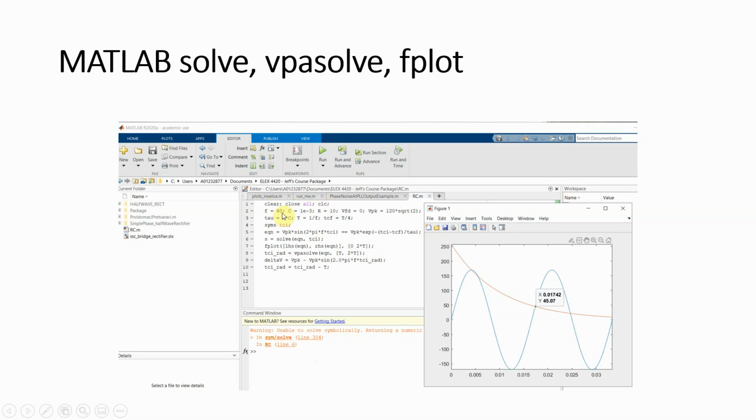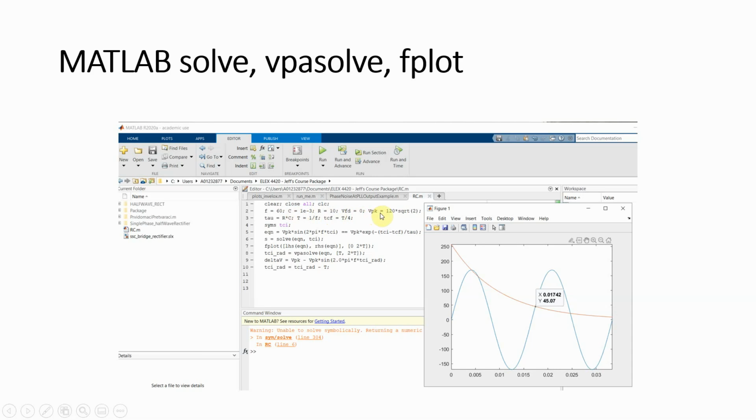These are the parameters. I assume that F, the frequency of the input AC waveform, is 60 Hertz. The capacitor value is 1 millifarad. R is 10 ohm. There is no forward bias voltage, 0, so an ideal diode.